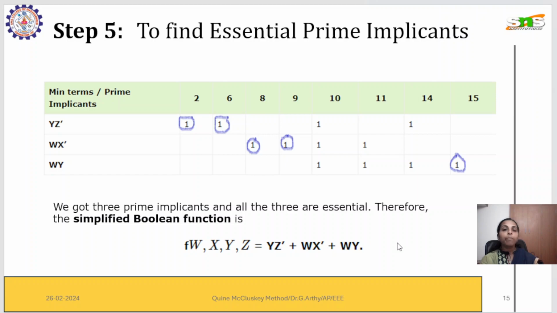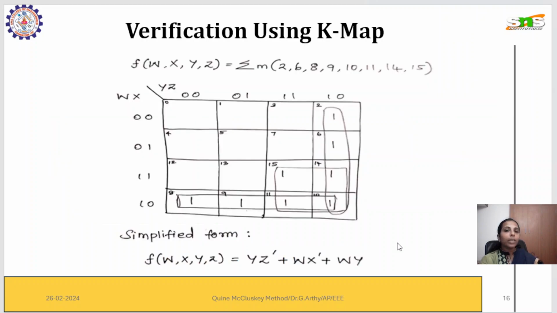So obviously we can cross check it with a K-map, right? This is the K-map. Hope you know how to simplify Boolean expressions using K-map. If not, look into my previous sessions. So 2, 6, 8, 9, 10, 11, 14 and 15 are the minterms available. So we'll be marking all the values here in the K-map.